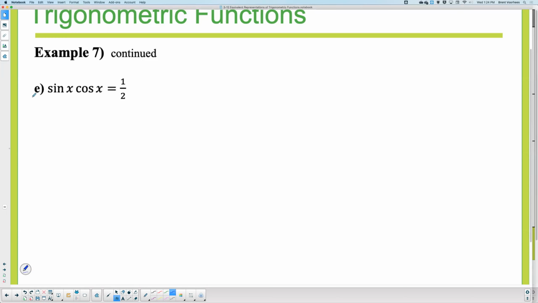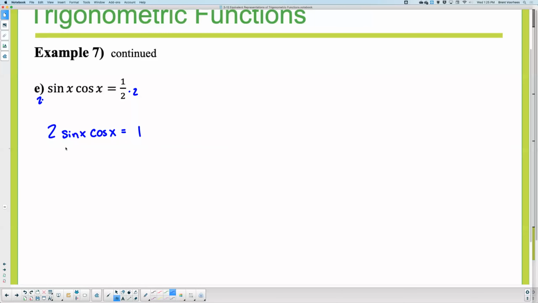So what I'm going to do is multiply both sides by 2. And if I do that, I now have 2 sine x cosine x equals 1. Very good. The sine and the cosine are together, they're multiplying together.